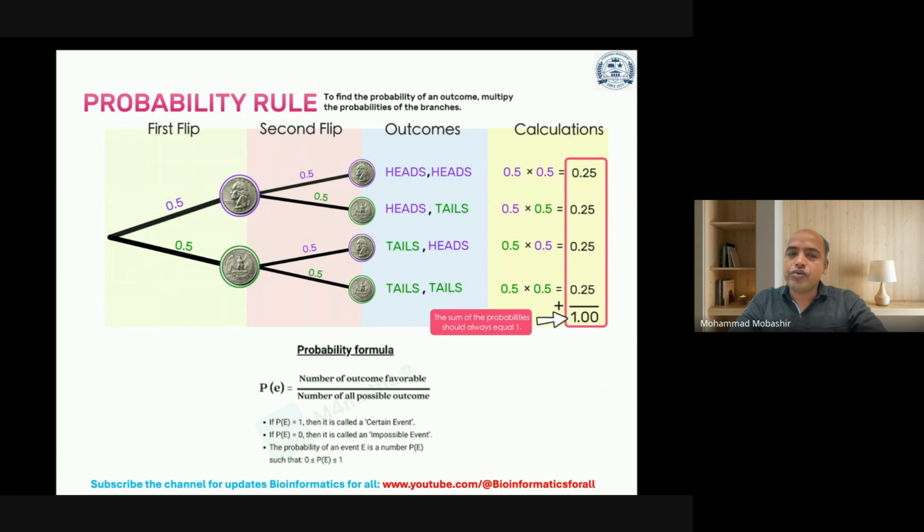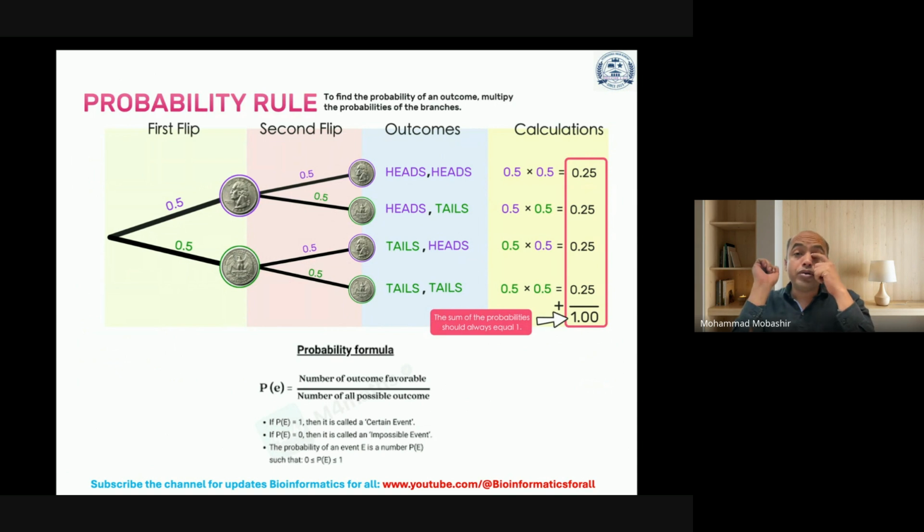For example, if you want to flip a coin, then what are the possibilities to get head and tail? As you can see here, 0.5 and 0.5. Here, the probability is basically showing that you have a 50% chance to get head and a 50% chance to get tail.